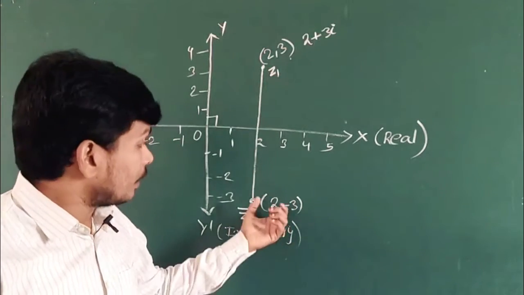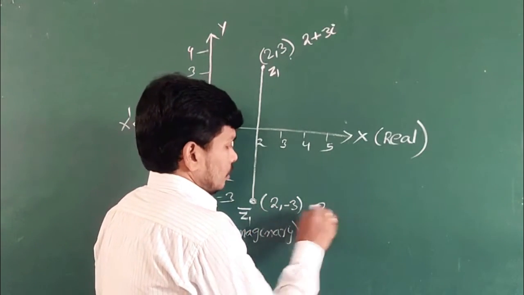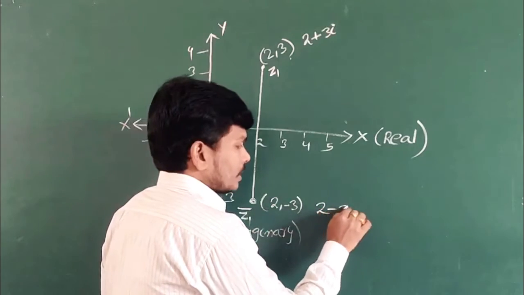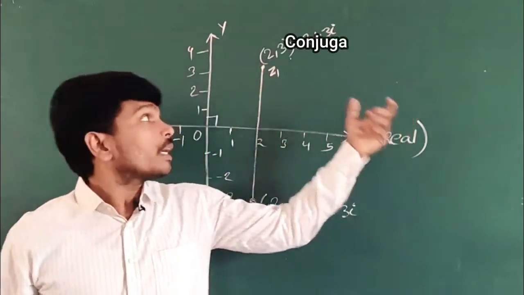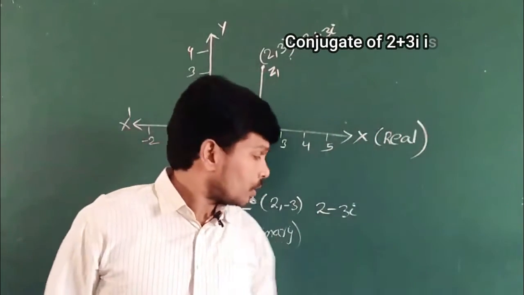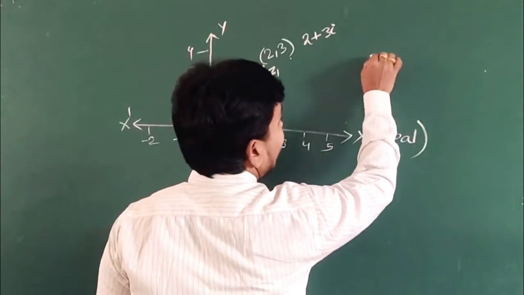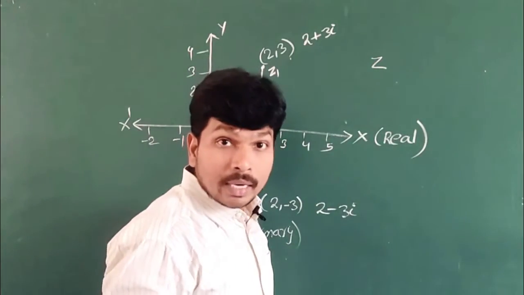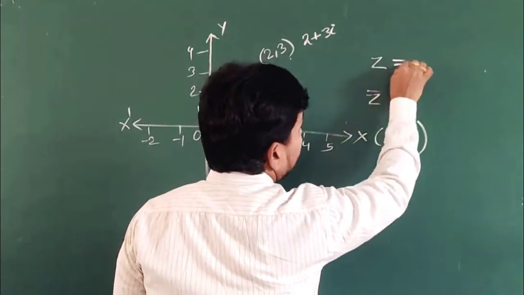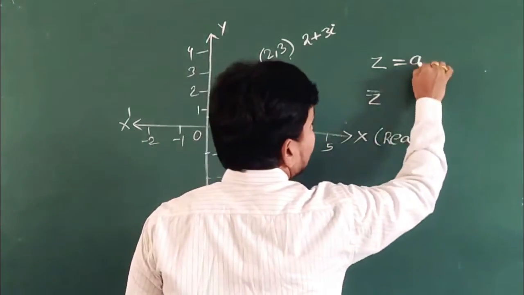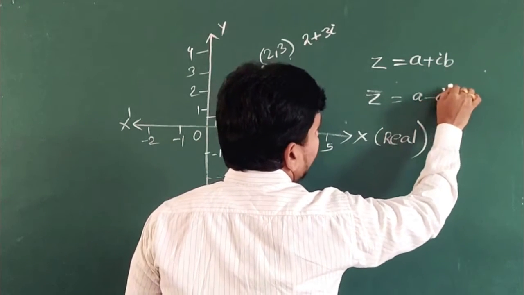Tell me, in complex number form, what will we get? Real part, minus its imaginary part, so 2 minus 3i. So the conjugate of 2 plus 3i is 2 minus 3i. If a complex number is denoted by z, then its conjugate is denoted by z bar. If z is equal to a plus ib, then z bar is a minus ib.